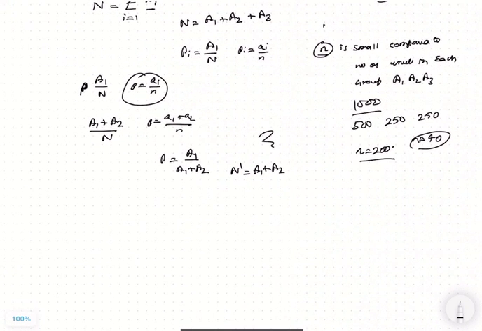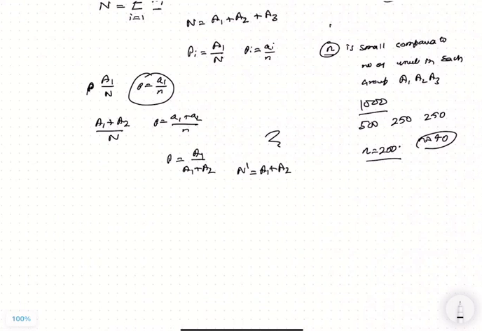So again, we're getting three types of responses in a survey, and we compute p as A1 upon A1 plus A2. Then, even though A1 plus A2 plus A3 is equal to n, our effective sample size is going to be n dash, which is just A1 plus A2.